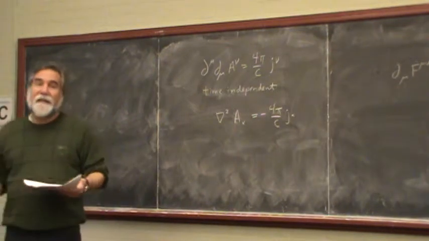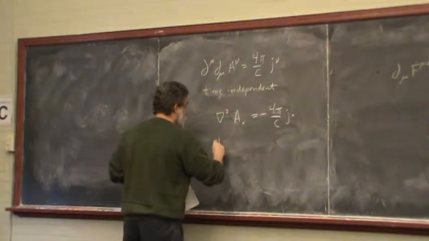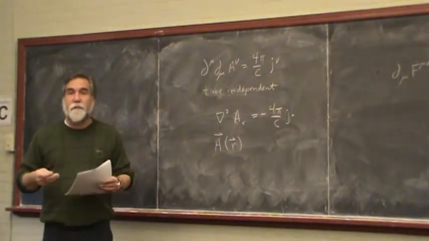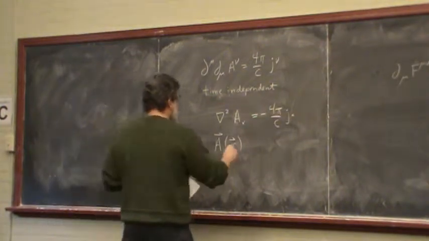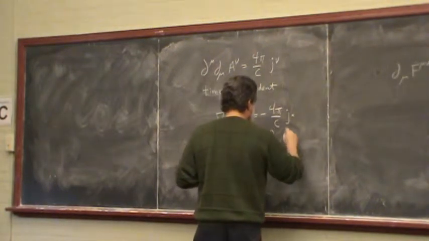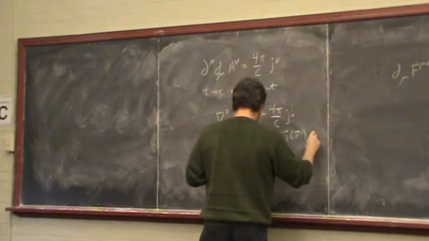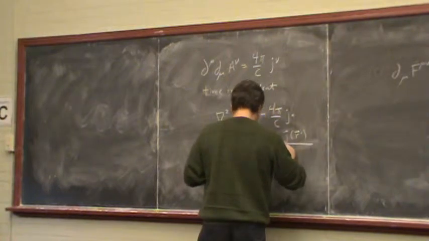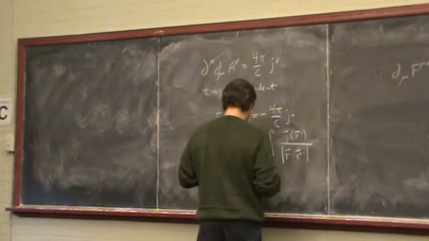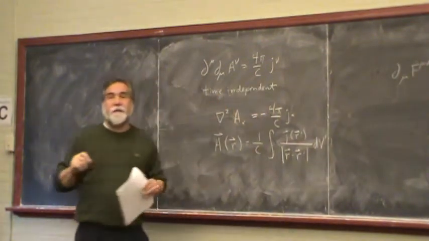We can integrate, and the result is that the vector potential as a function of position in real space is 1 over c, the integral of the current density over wherever the current density is.